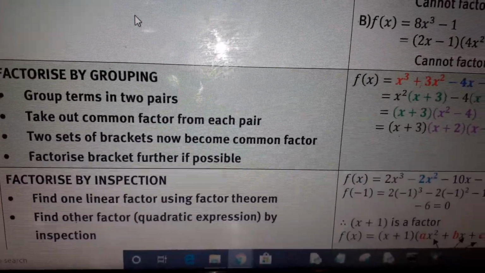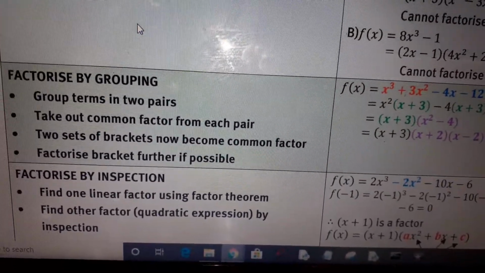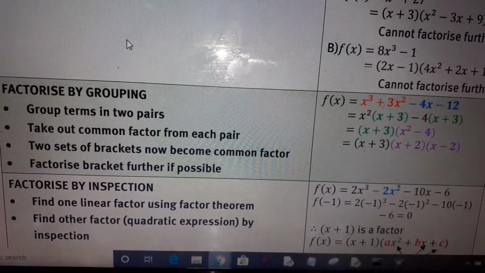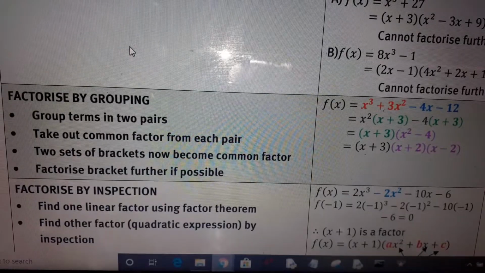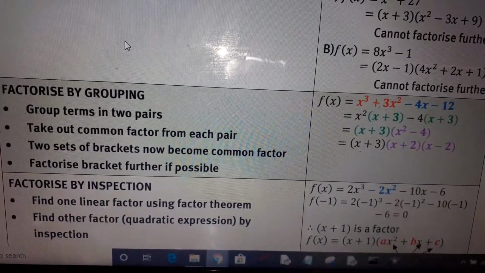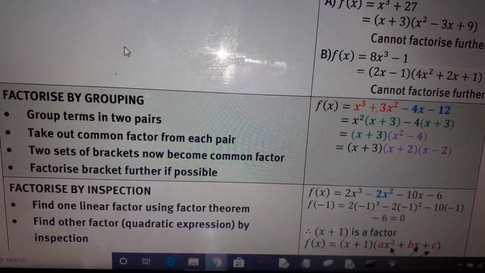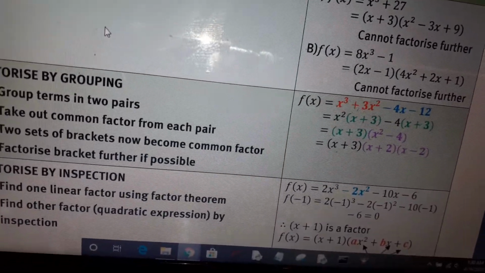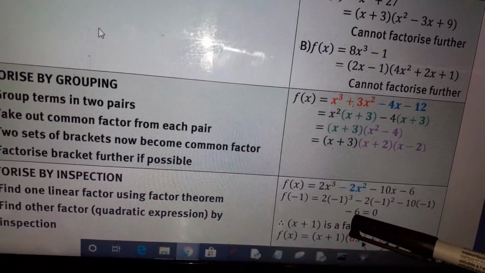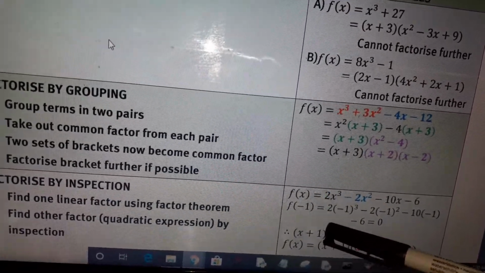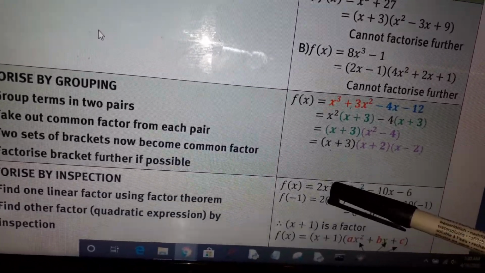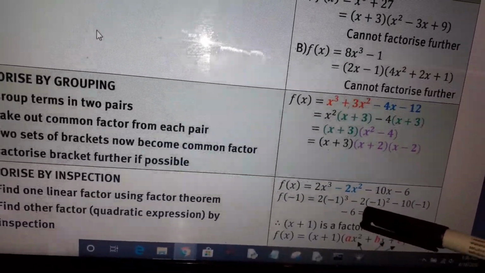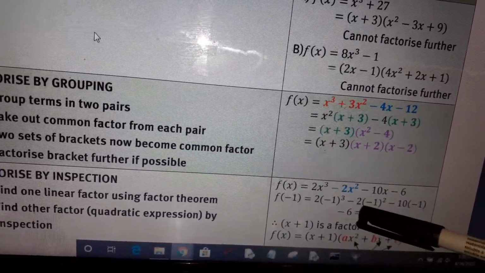The next method is factorization by inspection. We find one linear factor using the factor theorem. Then we find the other quadratic factor by inspection. What is important is that we have to find a factor, that is, a value of x that when we substitute it into this equation, f of x gives a value of 0.